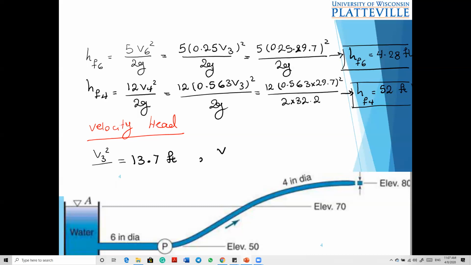For V4 is 4.33 feet. If you just substitute the velocity for each pipe, V6 squared over 2g is 0.856 feet.